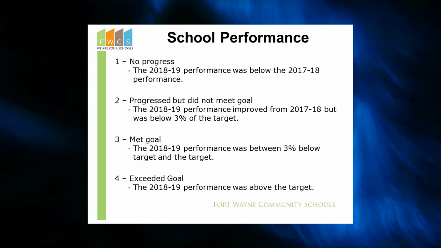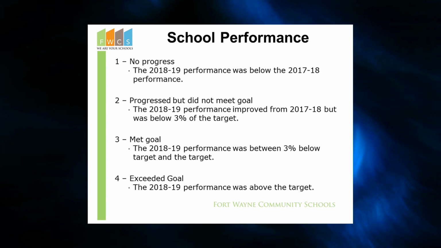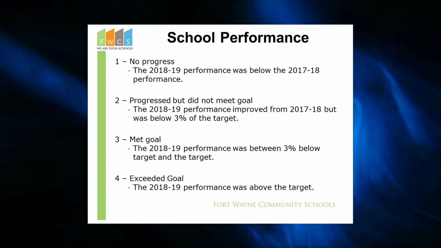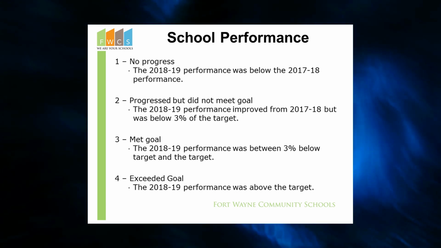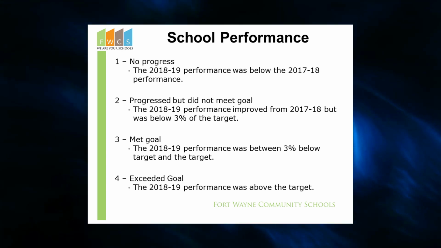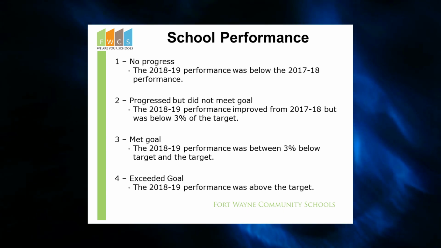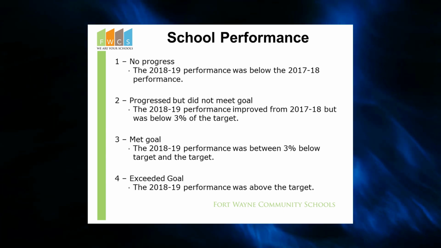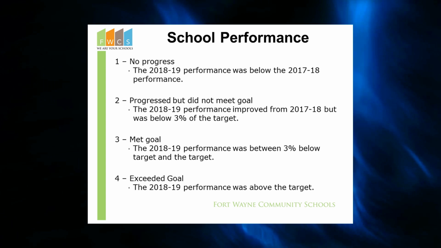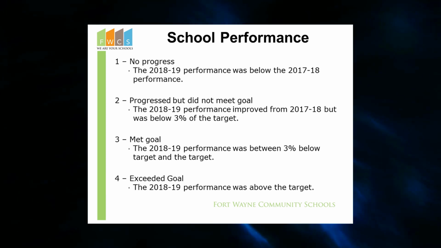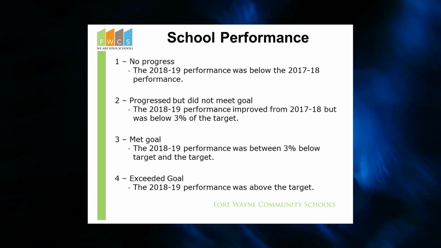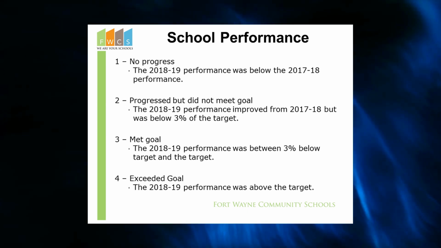If the performance was greater than the 2017-18 performance, but below 3% of the target, a score of 2 was assigned. If the 2018-19 performance was between 3% below the target and the target, a score of 3 was assigned. Finally, if the 2018-19 performance was above the target, a score of 4 was assigned to the goal.